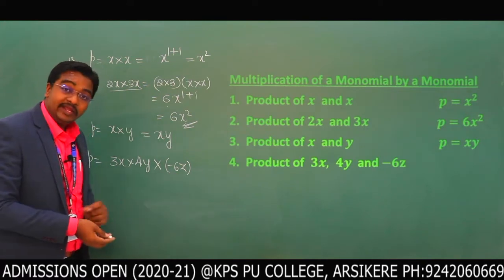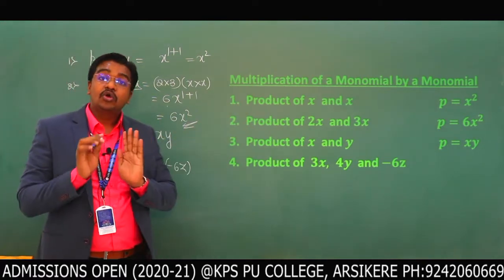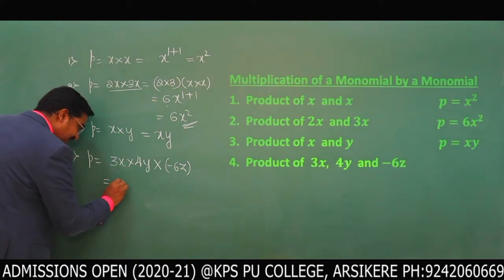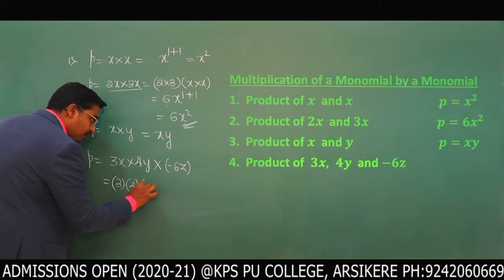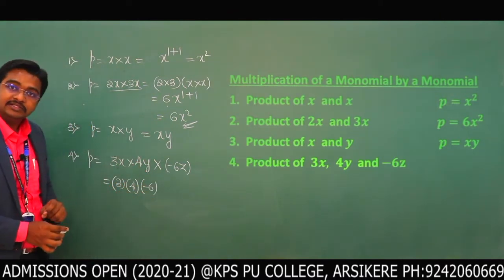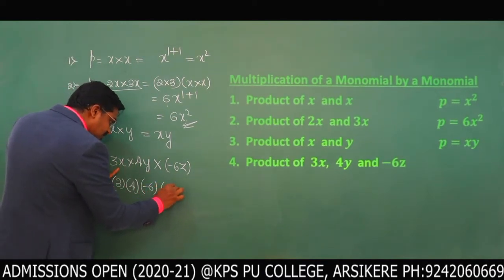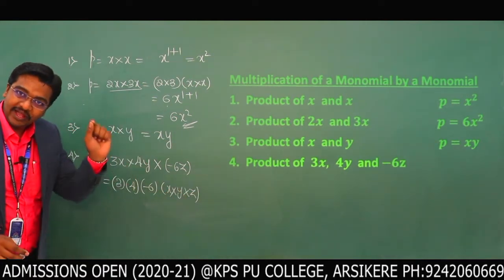That makes it very easy to multiply the terms. Always go with the coefficients. The coefficient of x is 3, the coefficient of y is 4, and the coefficient of z is minus 6. The remaining algebraic terms are x into y into z.